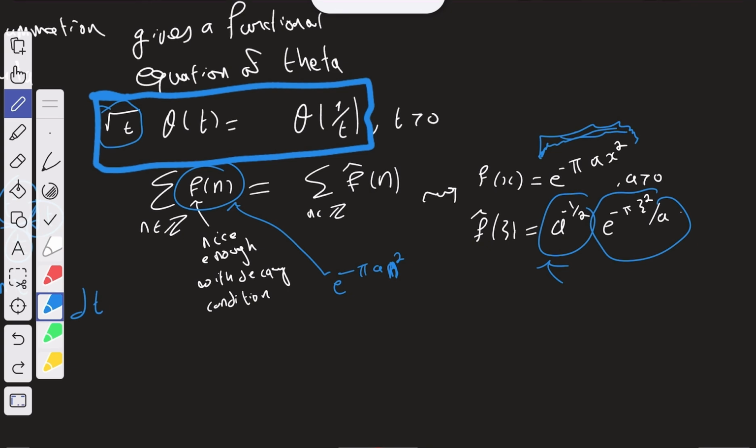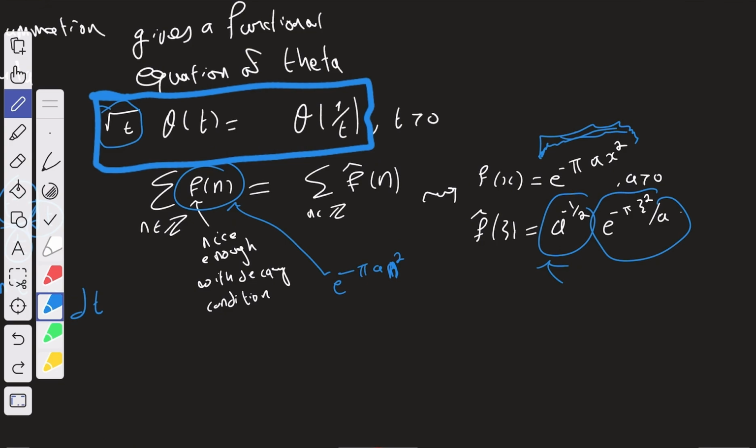So this justifies the 1 over t appearing over here. Keep this functional equation in mind, because this is the thing that we're going to use. If you multiply theta of t by the square root of t, you just get theta of 1 over t.